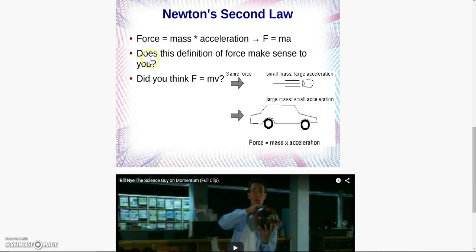Here is where I like to ask the students, does this make sense? Do we understand what's going on right here? I like to bring up the point that some of these words that we use in physics have different meanings than when we're using them in our day-to-day lives, and I just like to make sure that everyone's on the same page here.